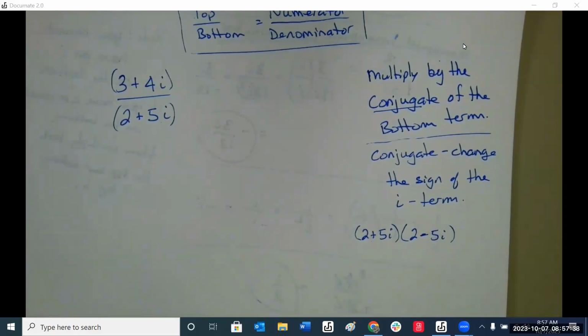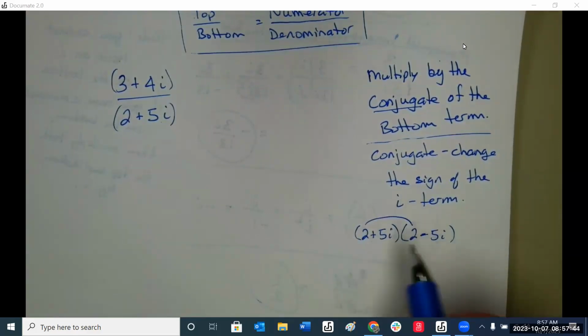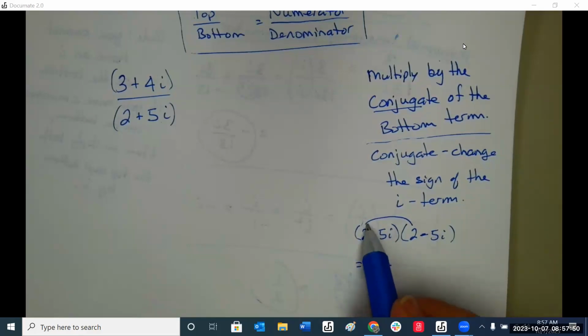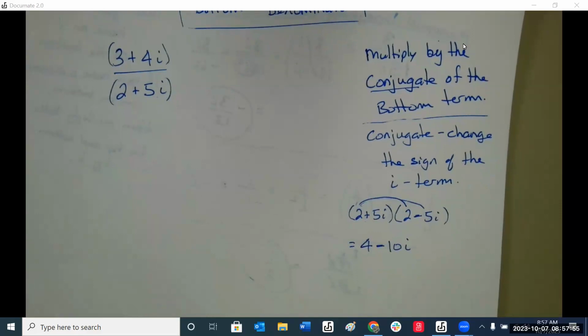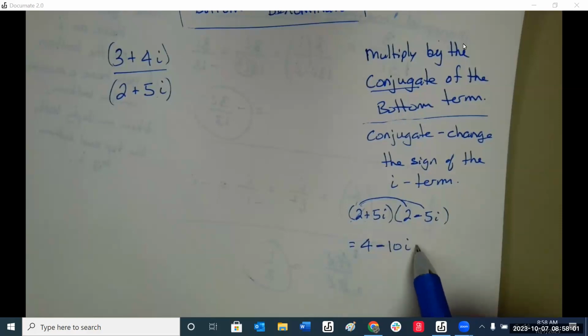Let's see what's going to happen here. 2 times 2 is 4. Positive times negative is negative. 2 times 5 is 10i. So that's it for the first one. Positive times positive is positive. 5 times 2 is 10i.